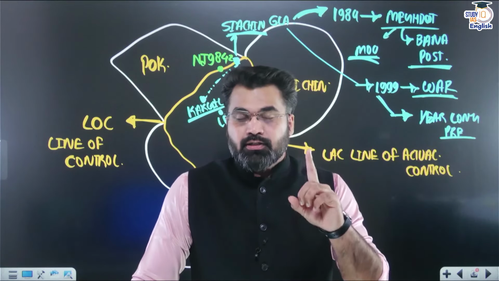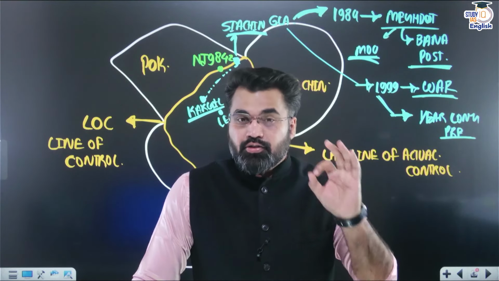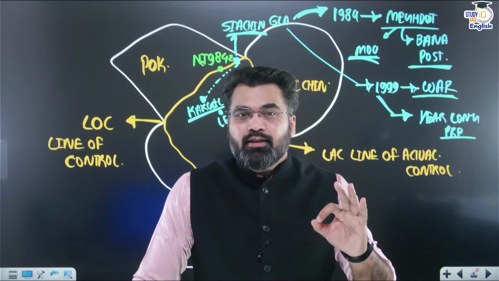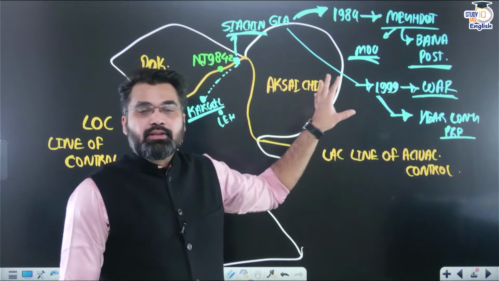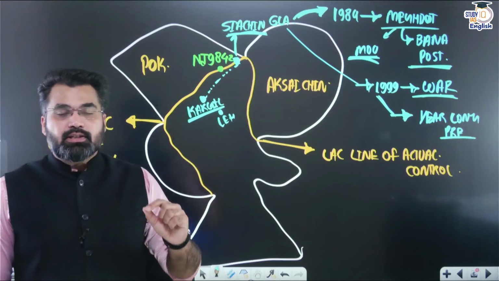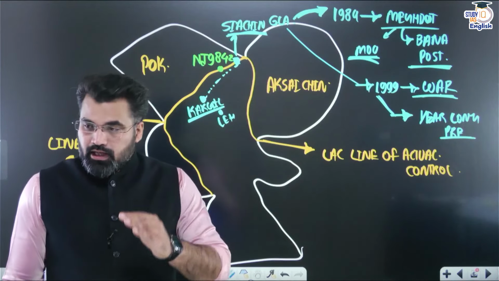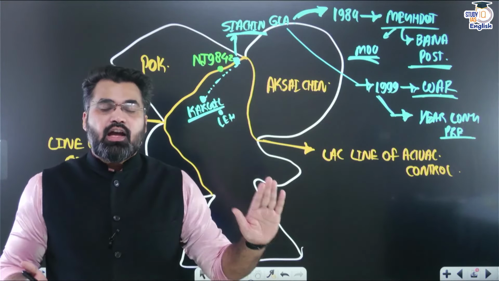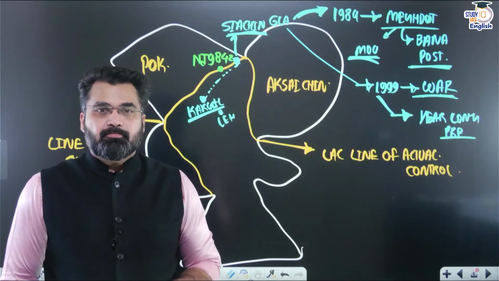Just a single soldier in Siachen. Cost is 5 crore. Why? Because of the uninhabitable climate in that part, uninhabitable conditions in that part. As I said, in winters, temperature is minus 50 degrees Celsius. Things are frozen, absolutely frozen.